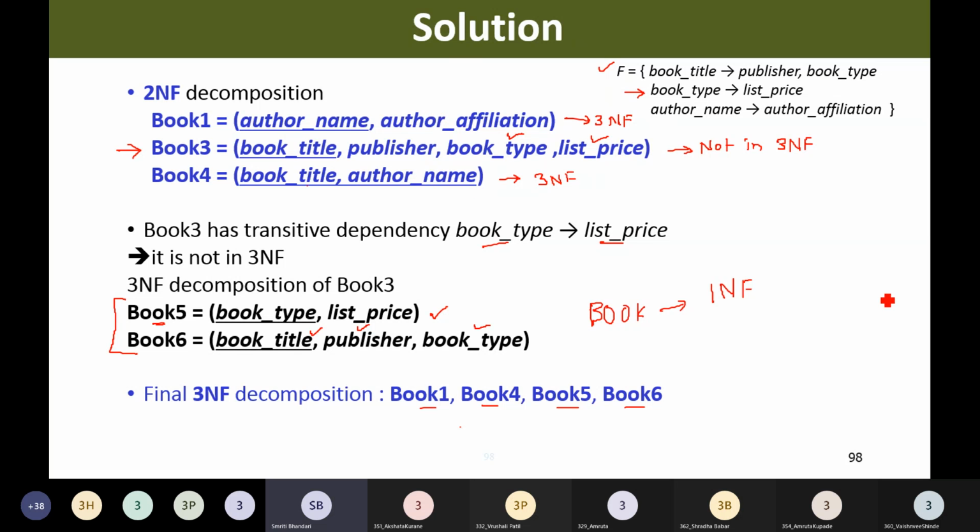We decomposed book to come up with the relations in 2NF. When we considered 3NF, we found that one of the relations is not in 3NF and has a transitive dependency. So we decomposed that relation, and ultimately we have reached the decomposition in 3NF.